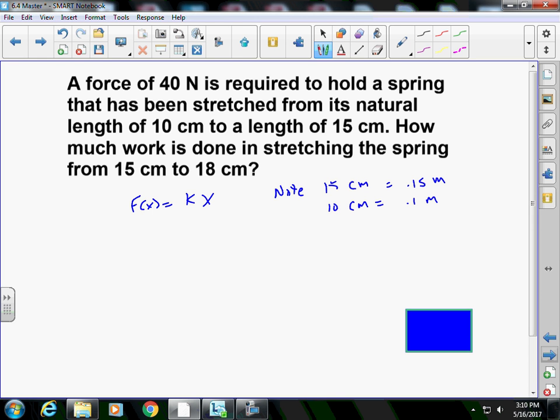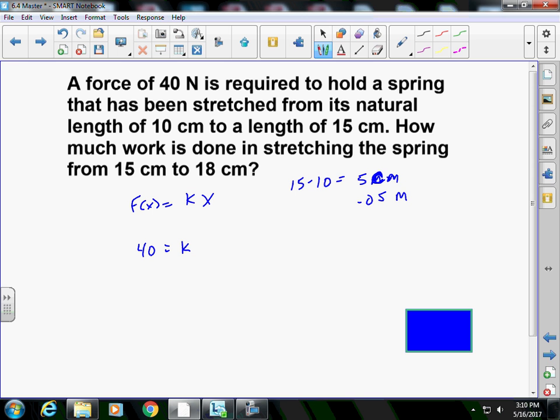So we know that the force f of x, 40, is equal to some k times, well, how far did I stretch it? Oops, I'm sorry, I made a mistake there. I make mistakes sometimes. The stretch beyond its natural length is 15 subtract 10, 5 centimeters. But I want it in meters, so it's 0.05 meters, right?